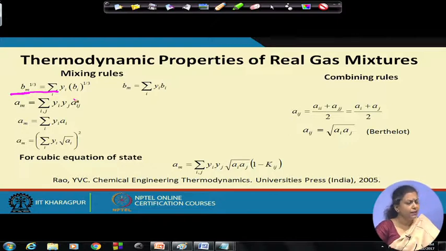But the more popular approach is to assume additivity of volumes rather than diameters. In that case, we find that the mixture B is simply an additive property of the pure component B's, and this is quite a popular equation that is normally used.